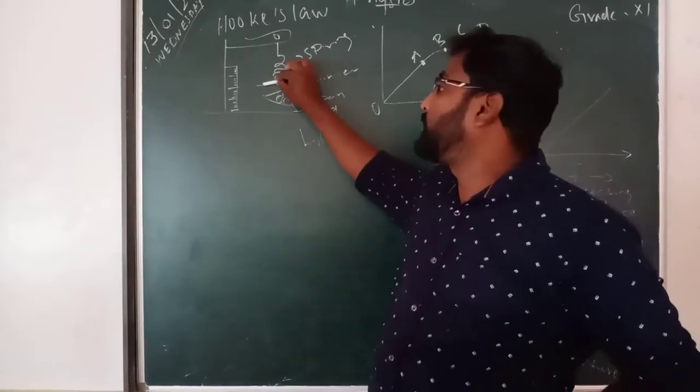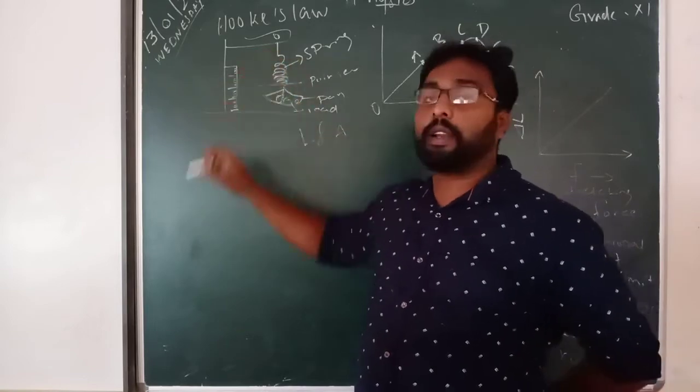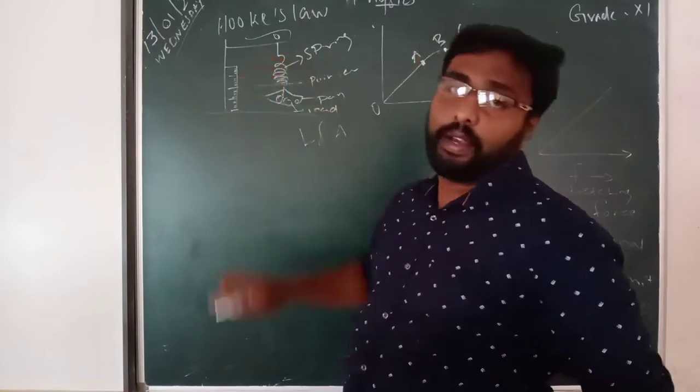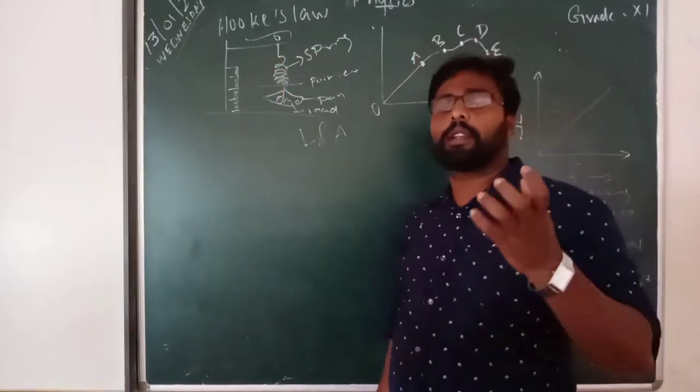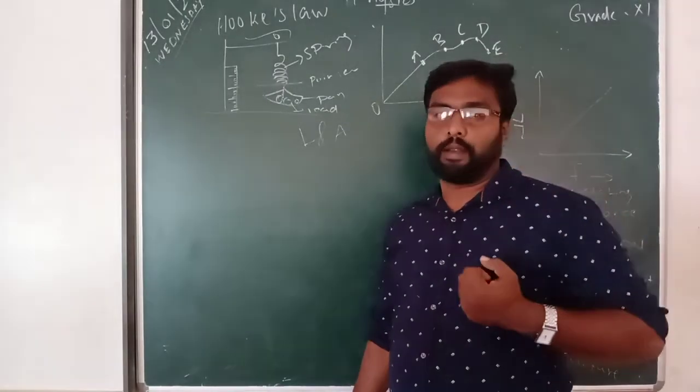What is the use of this pointer? Here a vernier scale is used. So the pointer will show the reading when the spring elongates or expands.